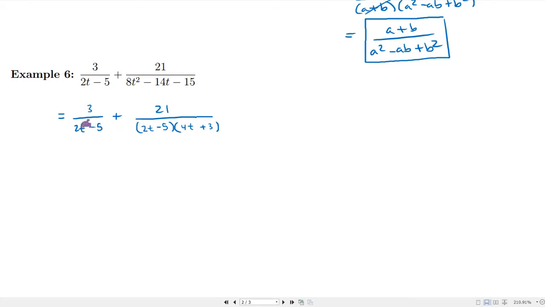And look, we actually do have something in common. So the only part of the denominator over here that we're missing is this 4t plus 3. So we're going to take this fraction, and we are going to multiply and divide by the missing 4t plus 3 over 4t plus 3. This is a 4, not a 9. Plus this.